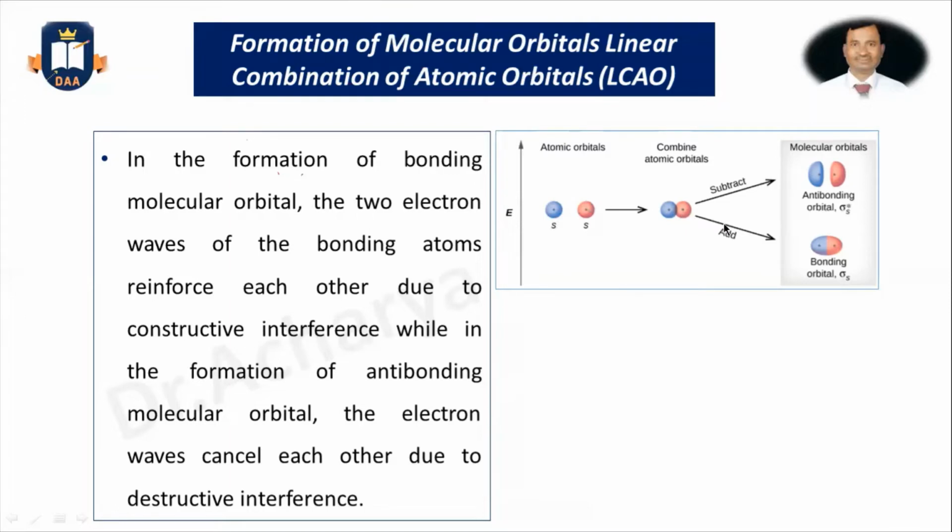When these wave functions are added, it is called constructive interference, and it forms the bonding orbital. In the formation of the antibonding molecular orbitals, the two electron waves from each atom interfere destructively. That is why you see subtract.